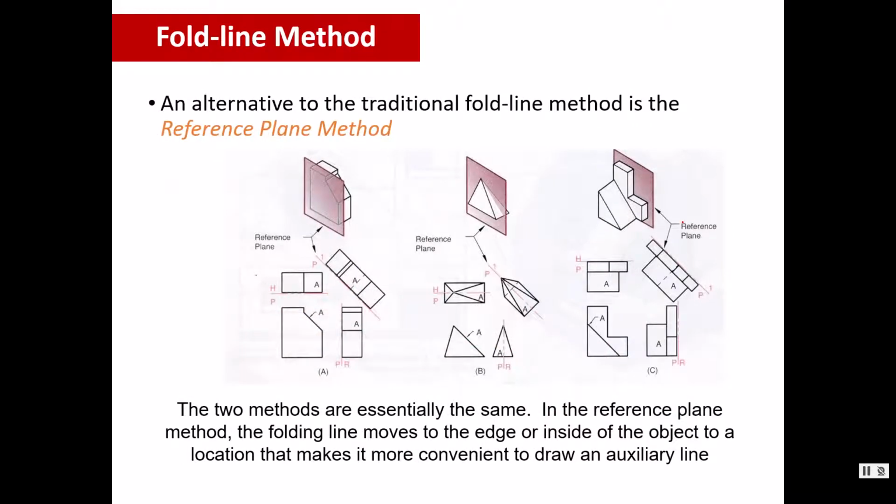Beside that, there is another type, the reference plane method, where it depends on the plane that we decided to view. Sometimes it will be at the side, sometimes in the middle, and sometimes at the other side. It's according to the reference plane actually. This can also be done because at the end of the day, the most important thing is to get the true size of the parts that we want.